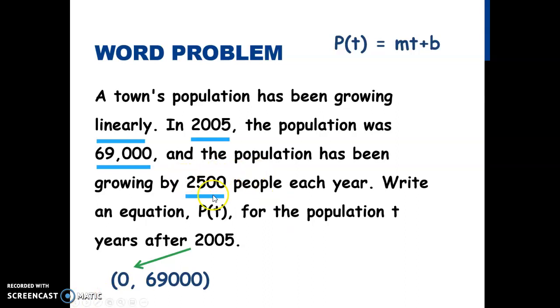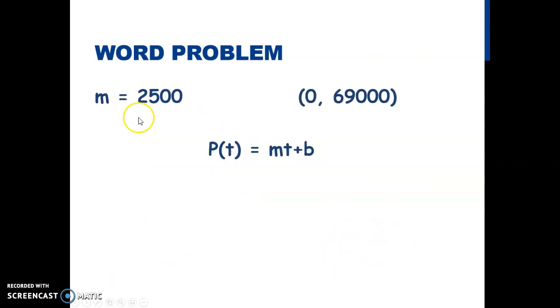My next piece of information is that the population has been growing by 2,500 people each year. So that's 2,500 people per year. You know what? That's my slope. So automatically I've got a slope of 2,500. All right, so let's put this information together now.